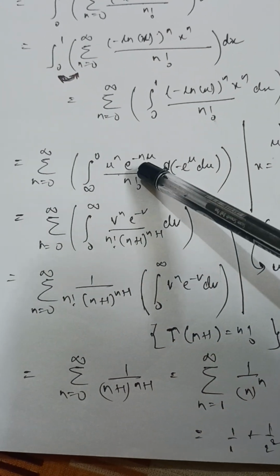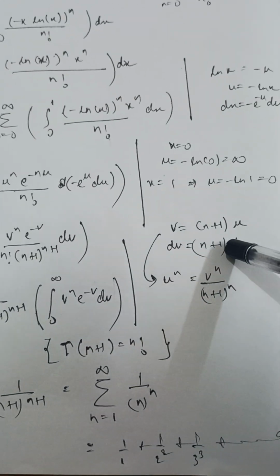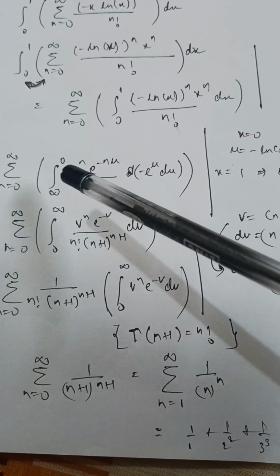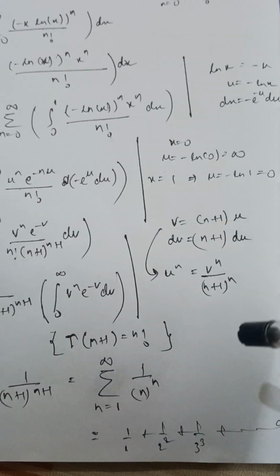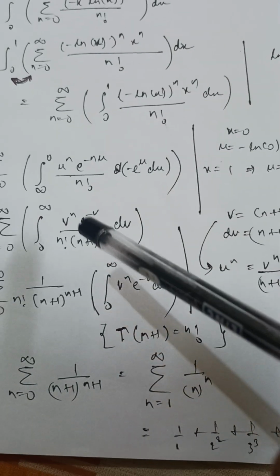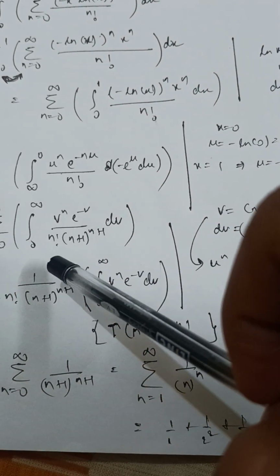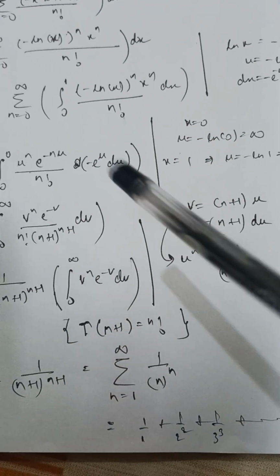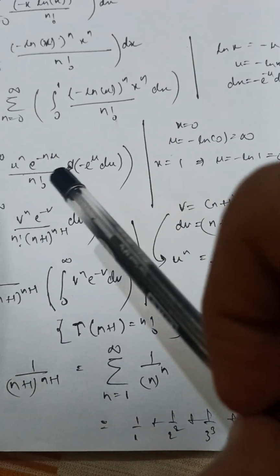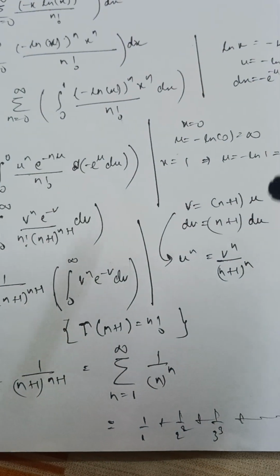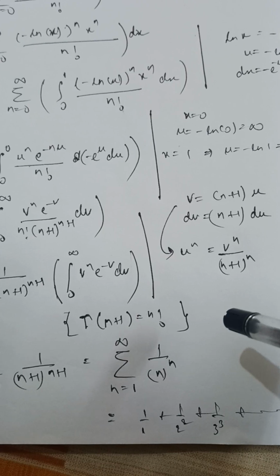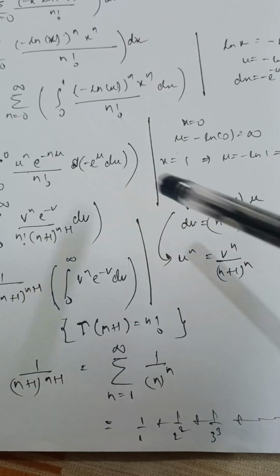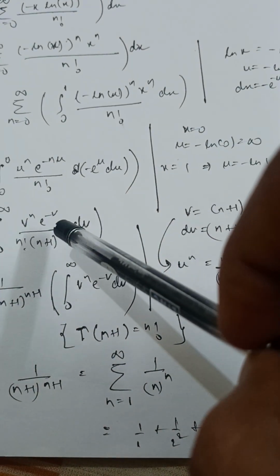So from here I am substituting v equals n plus 1 times u. Then u to the power n can be written as v to the power n upon n plus 1 to the power n, and n factorial is in the denominator. Then e to the power minus nu, together with the minus u, will become e to the power minus u times n plus 1, and u times n plus 1 is v, so it becomes e to the power minus v.